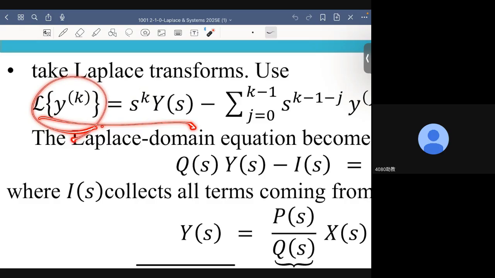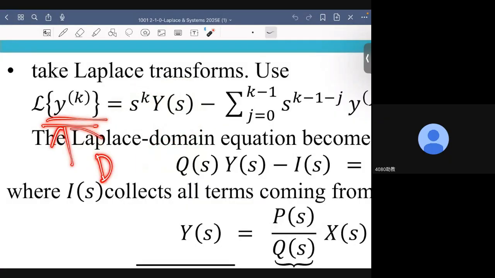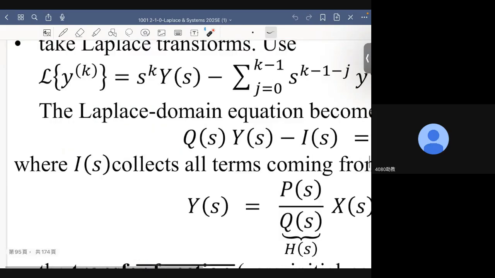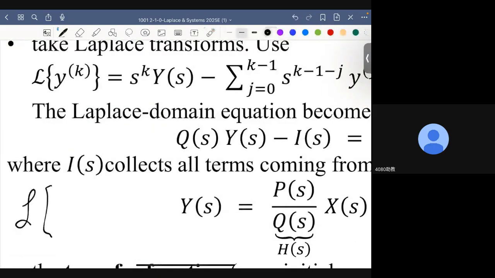You take the Laplace transform of the kth derivative of y, and what you will get is Y of s, which is the Laplace transform of y of t, times s to the k. Now, if you rewrite the kth derivative of y as D to the k, where D is what we call the differential operator, then you will see this is what we will get.